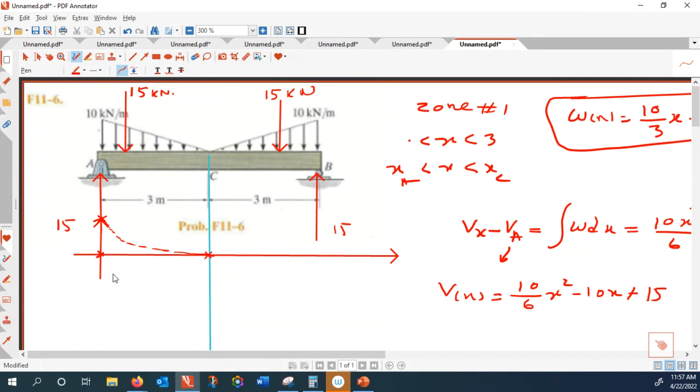This is how it changes. There's no maximum or minimum between. That changes quadratically like so.